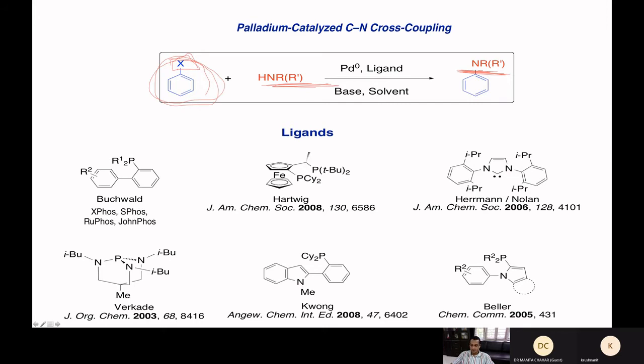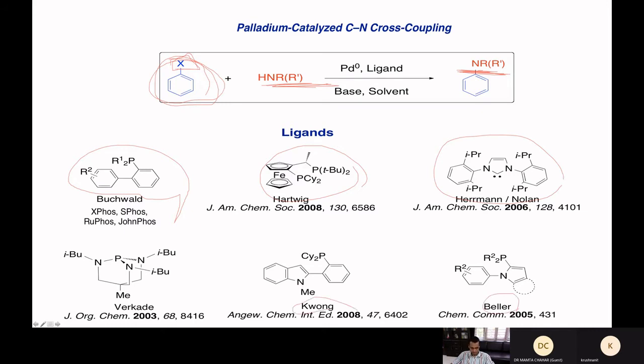Now, these are the different expensive, important, and very useful ligands that people use. These are the ligands popularized by Buchwald. This is the ligand which is popularized by Hartwig. There are many other variations of these sorts of ligands, and there are carbene based ligands which are popularized by Nolan and Herrmann, and these are Verkade's ligand, Kwong's ligand, Beller's ligand.